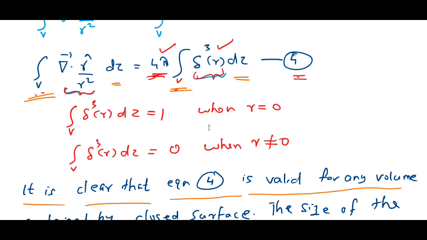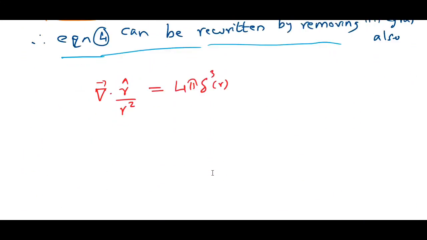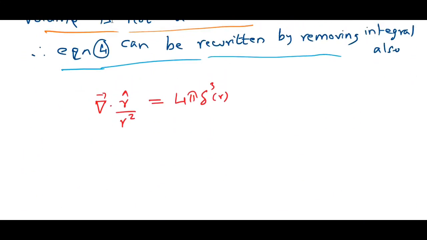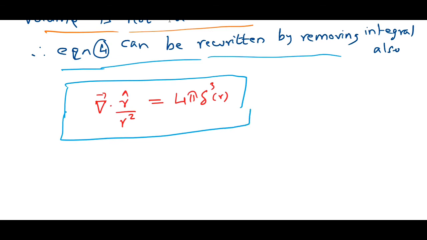These volume integrals can be cancelled. This is a very important final result. The divergence of r cap by r square is not 0. It is 4 pi delta cube r.